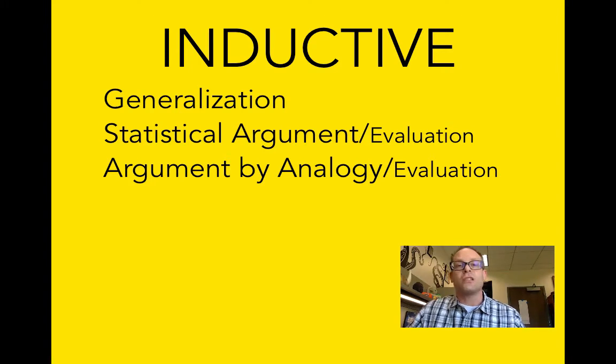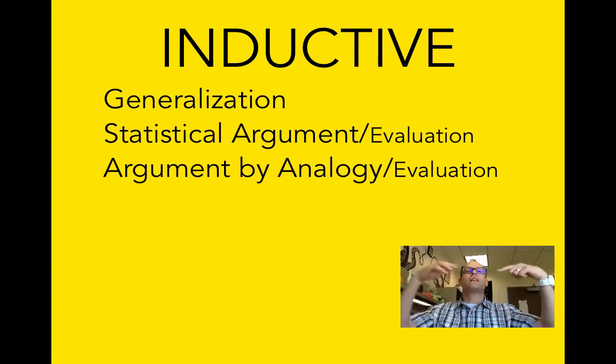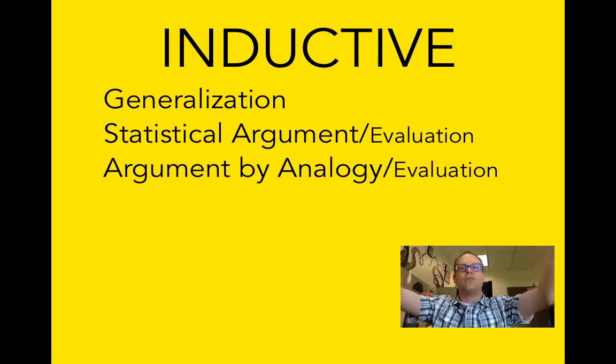There's inductive generalization. There's a statistical argument form belonging to induction, and that's usually when you sample something, right? You take a portion of it and you say, well, we sampled the portion. To what extent is the portion also true of everything else? And then lastly, there's something called argument by analogy. And that's when you say, gosh, these 2 things are a lot alike.